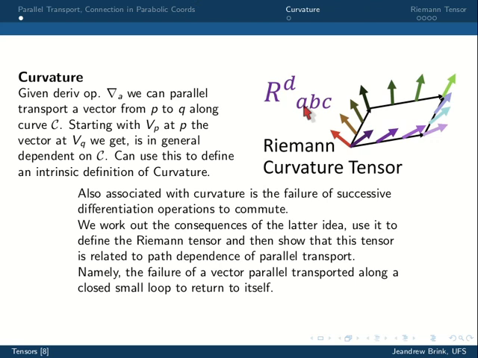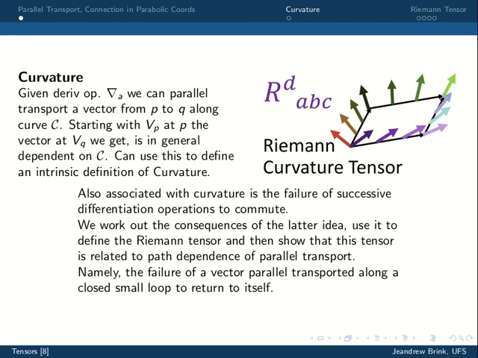So is the failure then not saying it's not a geodesic? No, you have two things. Geodesics are paths. A geodesic is the curve itself. Parallel transport is along any closed curve on the manifold. You have the set of all possible closed loops on the manifold, and you can parallel transport along them, and then you'll have a mismatch in the vector when it returns if it's a curved manifold.